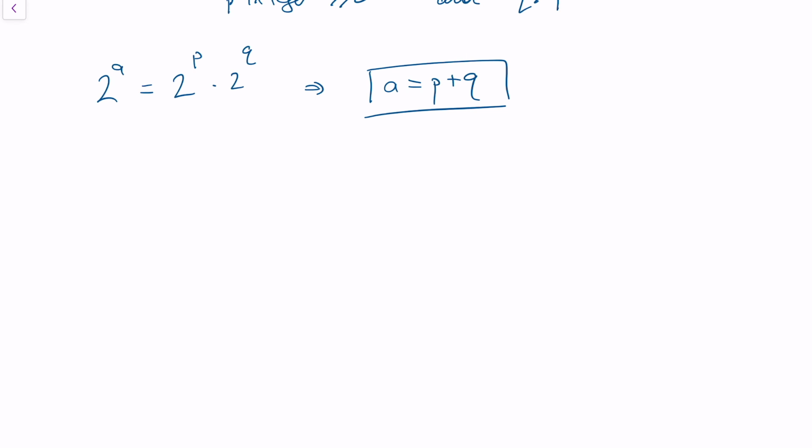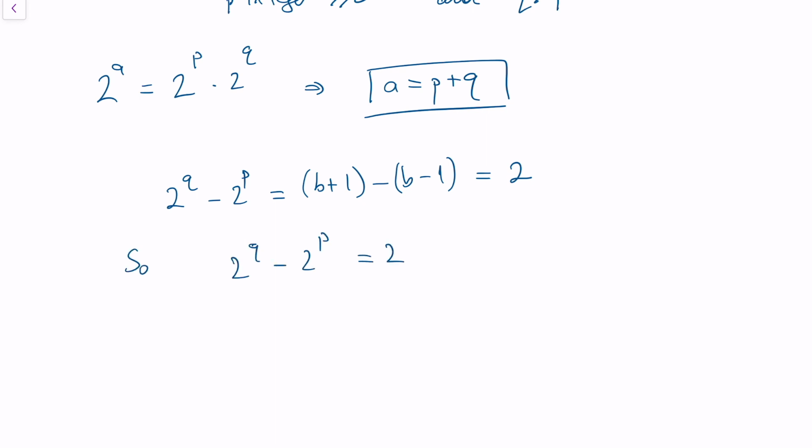We also have that 2 to the q minus 2 to the p is equal to b plus 1 minus b minus 1. So that gives us 2. So we have 2 to the q minus 2 to the p is equal to 2. Well, we said that p must be greater than or equal to 0.